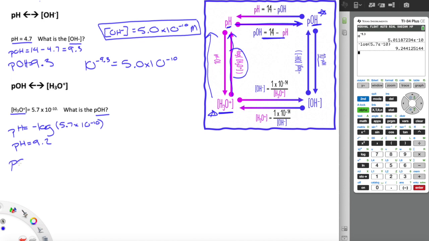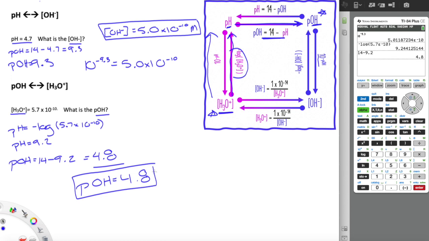So my pOH equals 14 minus 9.2. 14 minus 9.2, and I get 4.8 for my pOH. I'll go ahead and write that out officially. All right, there you go.